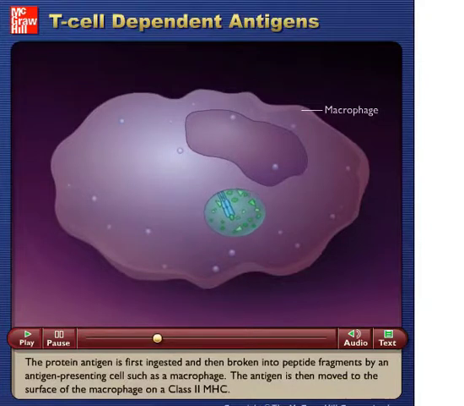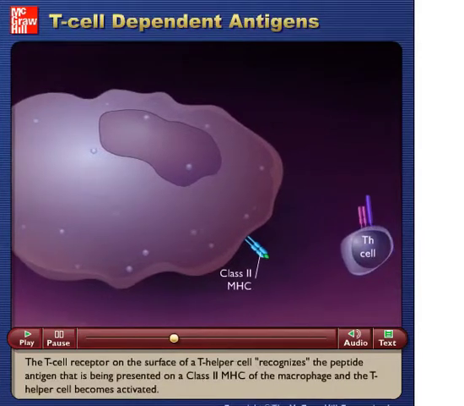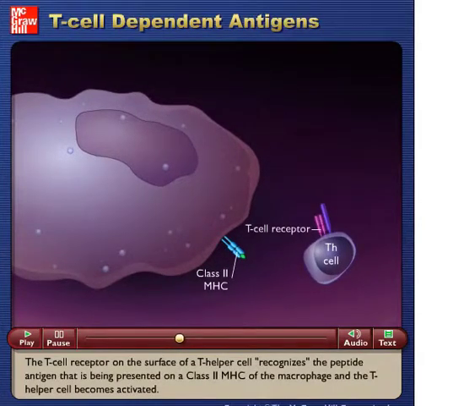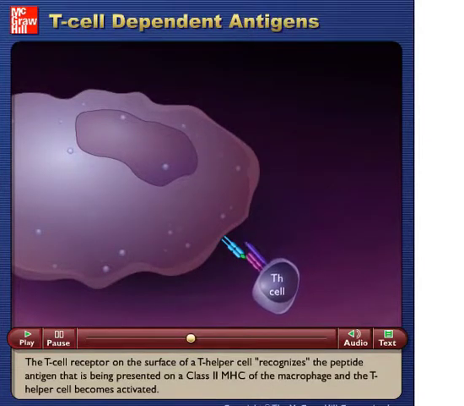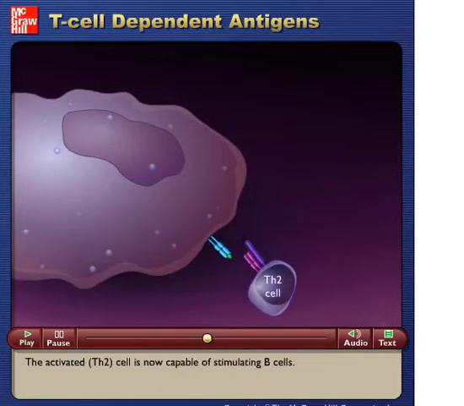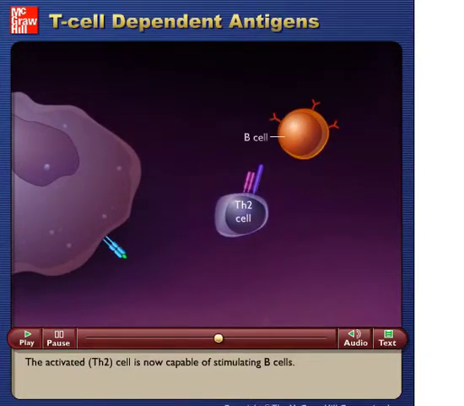The antigen is then moved to the surface of the macrophage on a class II MHC. The T-cell receptor on the surface of a T helper cell recognizes the peptide antigen that is being presented on a class II MHC of the macrophage, and the T helper cell becomes activated. The activated Th2 cell is now capable of stimulating B cells.